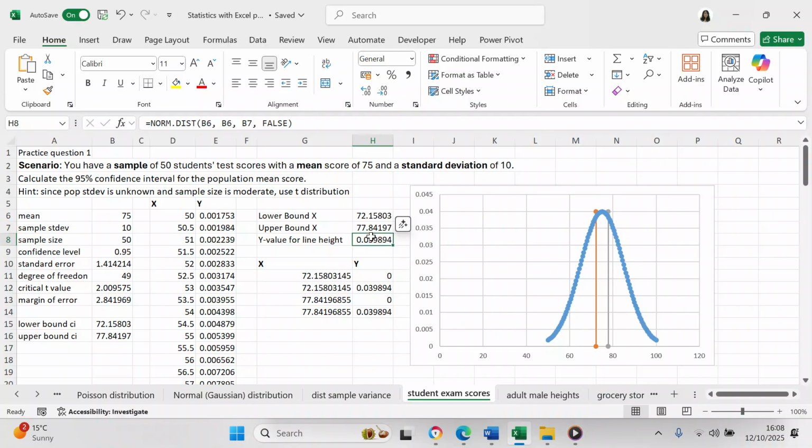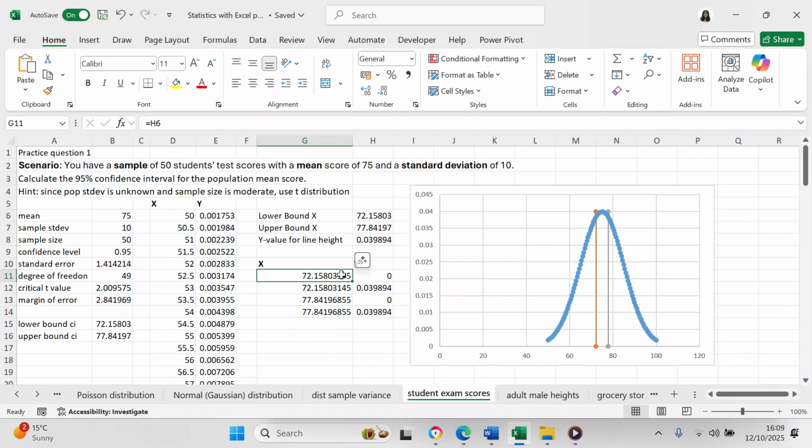But if you can't get that, if it's just too much, then just pick the height that you want. So it would be 0.04. Let's say you just can't get the y value, and you just eyeball it on your graph, and on your graph it's going to be 0.04.